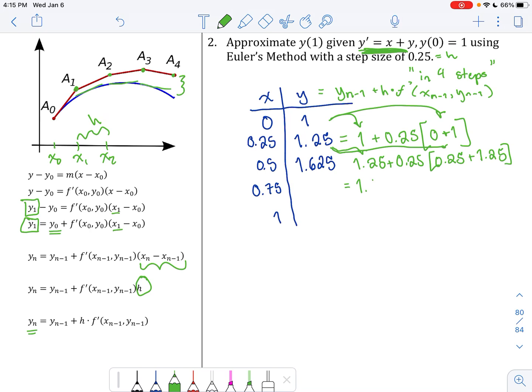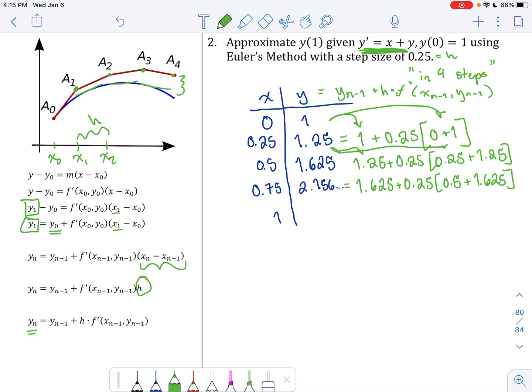You end up with 1.625 plus 0.25 times the x value plus the y value, because that's the differential that we're dealing with here. And typing it in your calculator, rounded to a few places, I'm going to keep going.